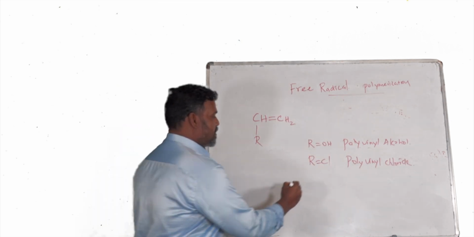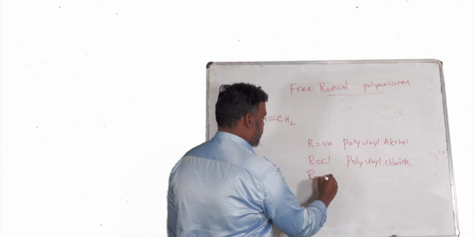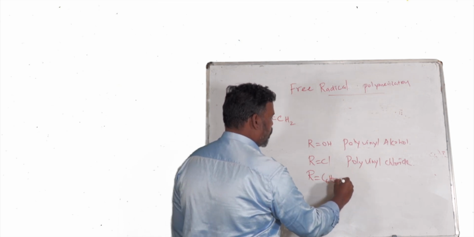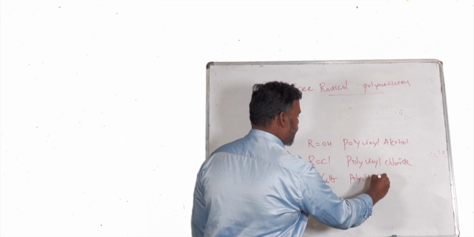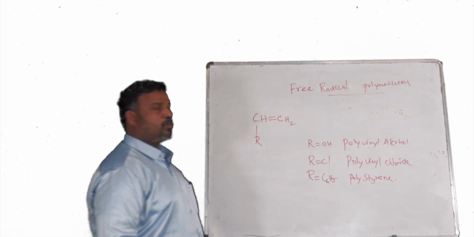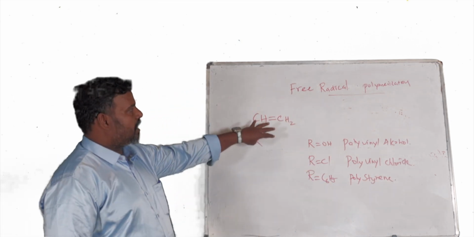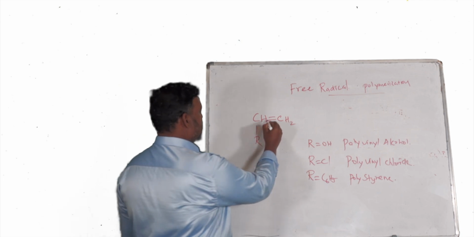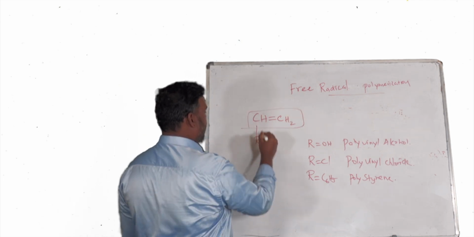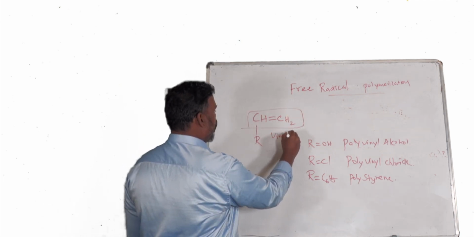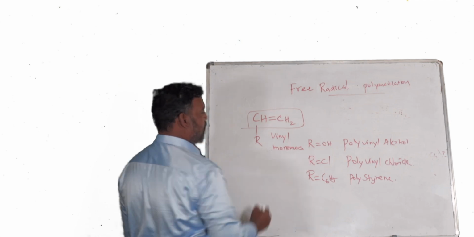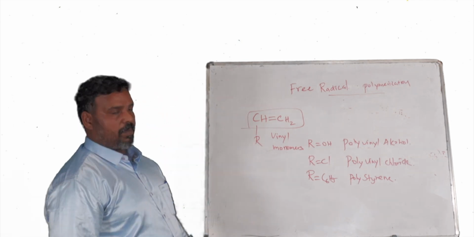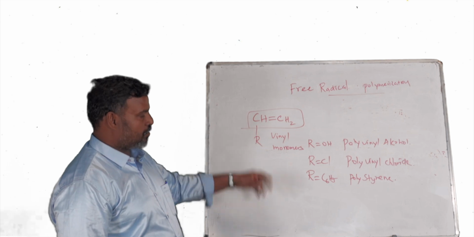If it is a benzene, a C6H5 phenyl group, then it is called polystyrene. You have n number of varieties. For a molecule to undergo free radical polymerization, it should have this double bond, this vinyl group. All the vinyl monomers can undergo free radical polymerization. We'll see some of the aspects.